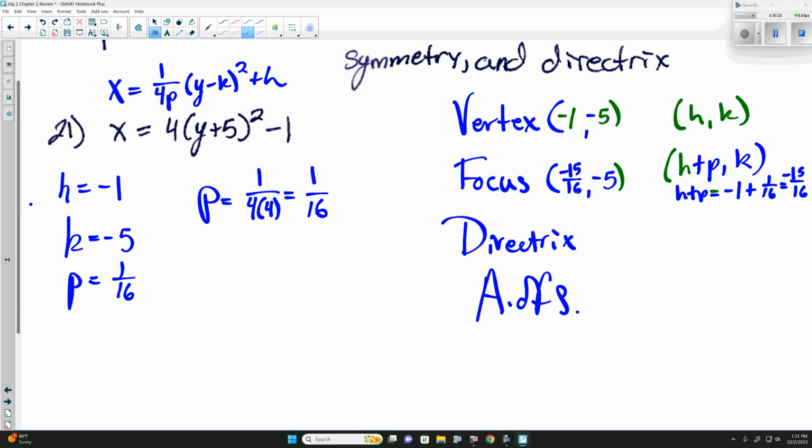Questions on how we got the focus? Our directrix is x equals h minus p, which in our case would be negative 1 minus 1/16.